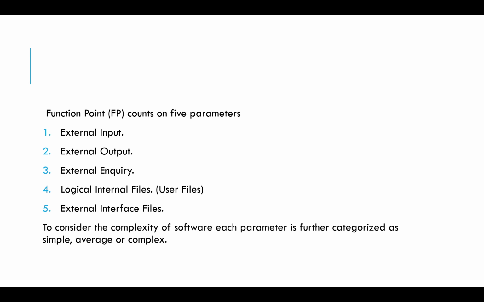For example, a payment gateway file used by your shopping app. This is the interlinking of modules of the project or the software. These are the important files used by both interfaces. Each of these parameters is further categorized as simple, average, or complex and given weights based on their complexity.